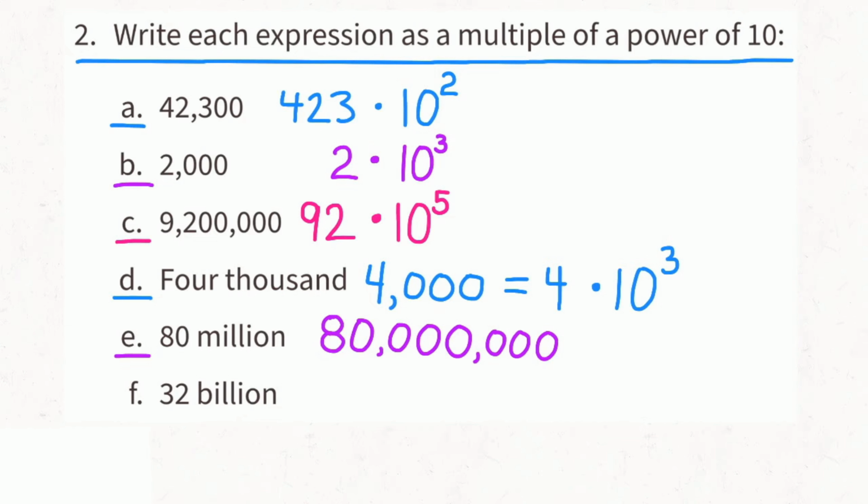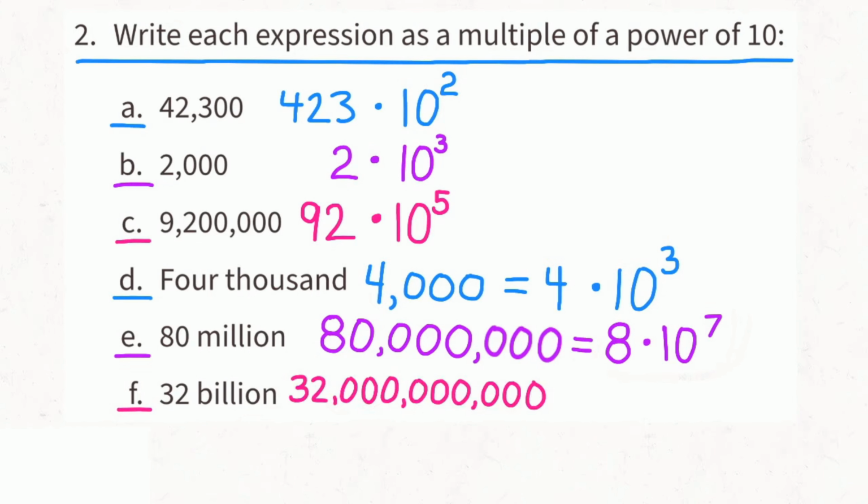The 7 zeros tell me that the value of this number is 10 million times greater than 8. So we can write 8 times 10 to the 7th power. F. 32 billion. That's a 3 and a 2 followed by 9 zeros. The 9 zeros tell me that the value of this number is 1 billion times greater than 32. So we can write 32 times 10 to the power of 9.